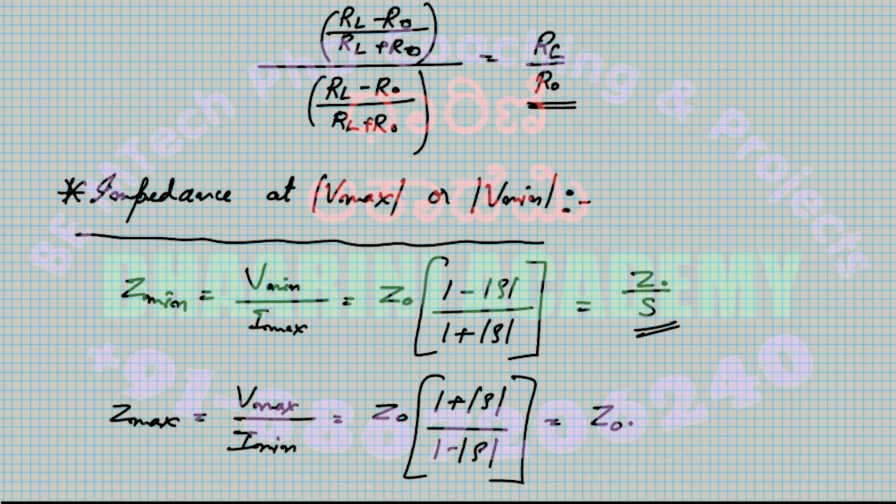So that is Z naught into S. I'll write a capital S. So this is the equation for Z maximum, the maximum impedance obtained at every position wherever you have V maximum. Okay. Similarly, the Z min is visible to us wherever we see a V minimum on the line.